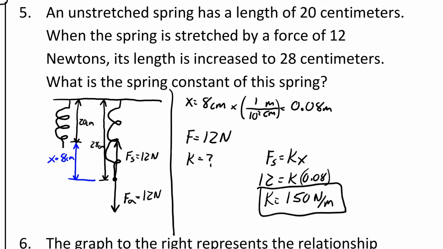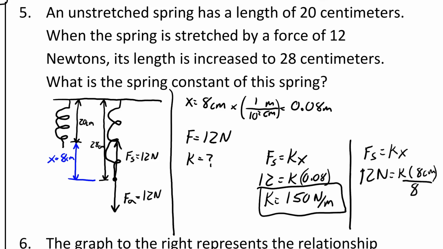That's your K. Now, let's say you did forget to do this step, and you just left it in centimeters. You could still technically get the question right. It's no problem. You could do that as long as you're consistent with your units. So this is still 12 newtons, but now we're calling this 8 centimeters. We forgot to change it to meters, or maybe we just want to keep it in centimeters, because you could totally do that.